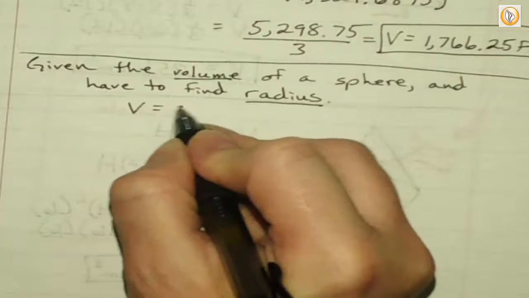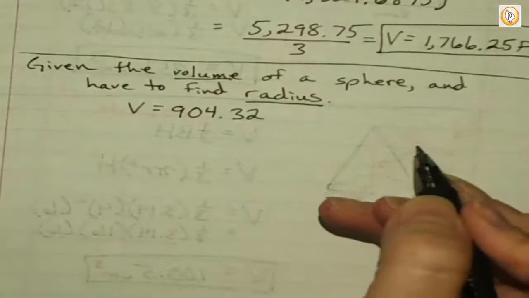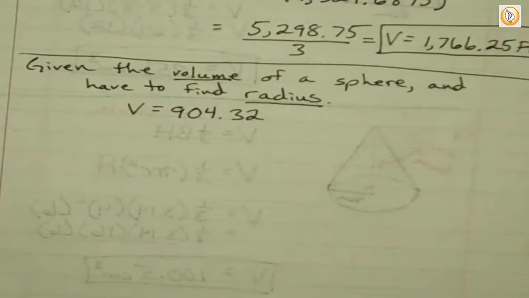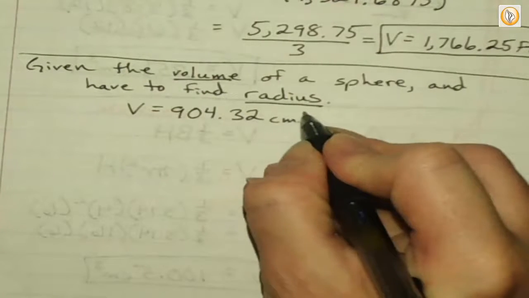So volume equals 904.32, and we can just say centimeters cubed.